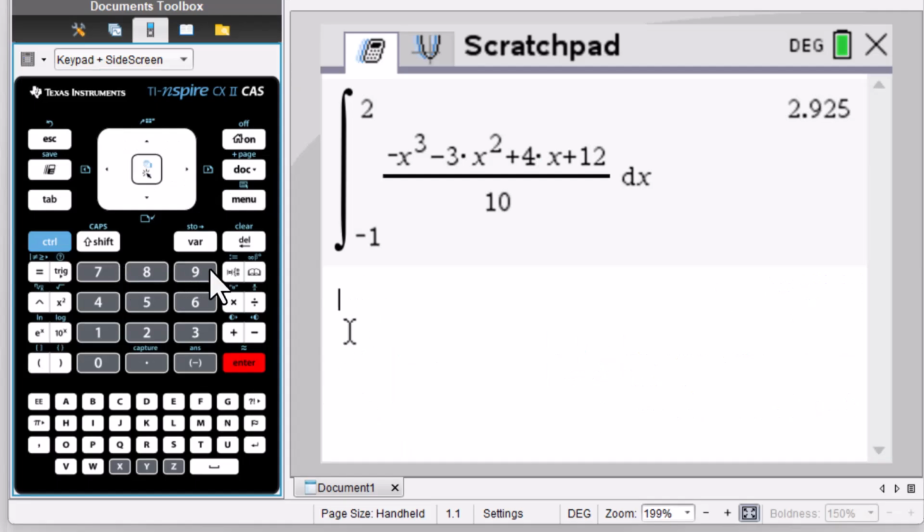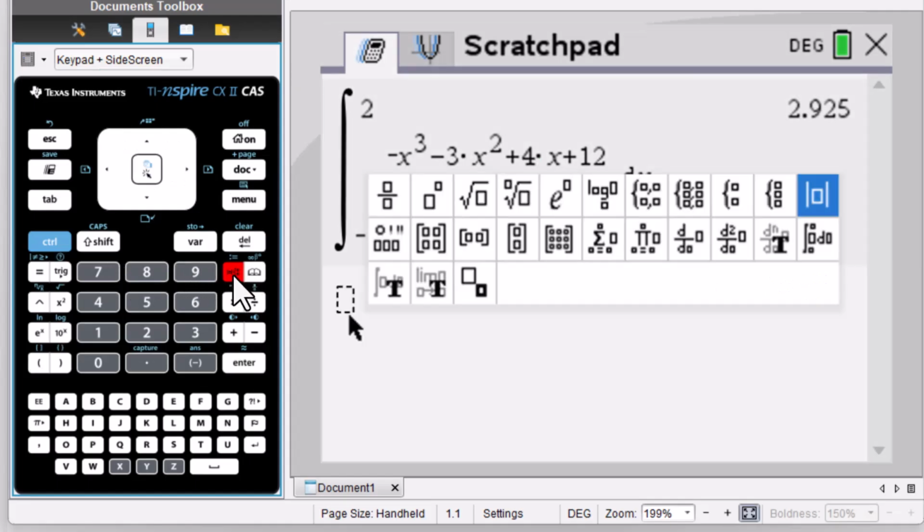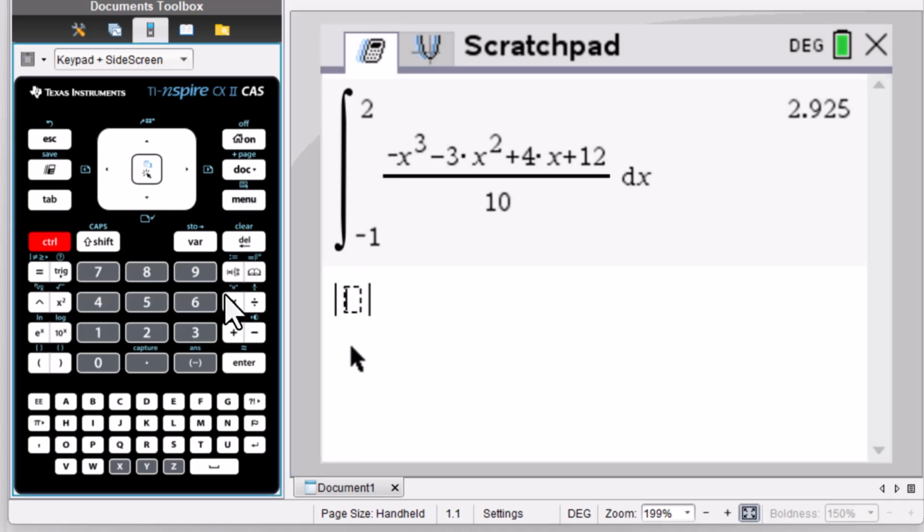Let's go to the calculator. How do you get the absolute value? Go to this math tab. Then here, control divide, go to fraction. 2.7 minus 2.925 over 2.925, then times 100.